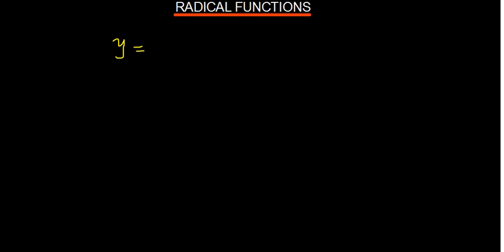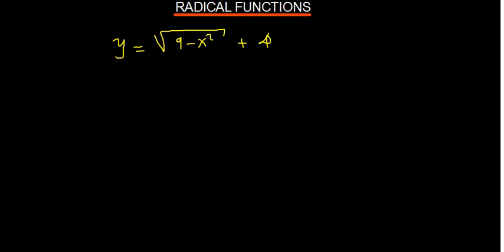Now, let's say it was y is equal to the square root of, let's say, 9 minus x squared and then plus a 4. How does this function go? So equate what is inside to 0 again.